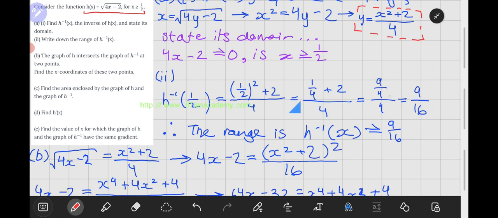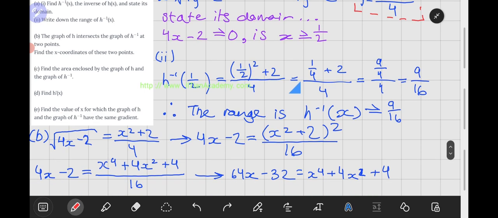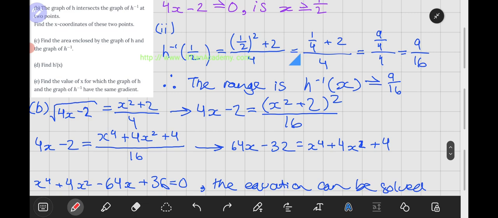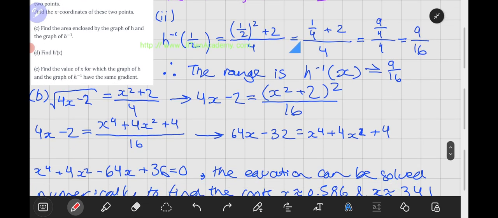And then we get 9 over 4 over 4, which is just 9 over 16, because we multiply these two denominator values. And then we can say that the range states that y must be greater than or equal to 9 over 16.